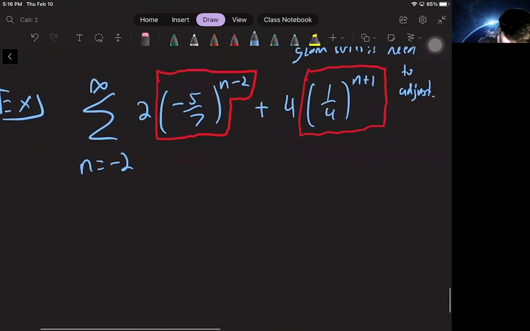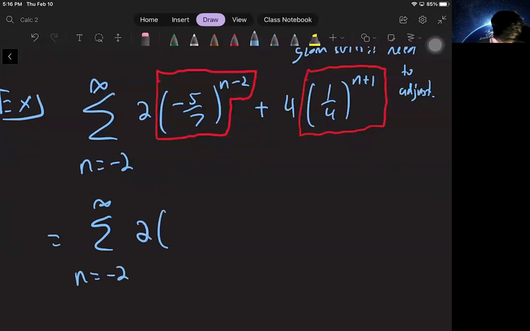So what can we do? Well, we can use the first rule I said, which is you can split this up into two problems because they're both geometric series. And the fractions are less than 1, so they're both going to converge. So we can just do them independently.